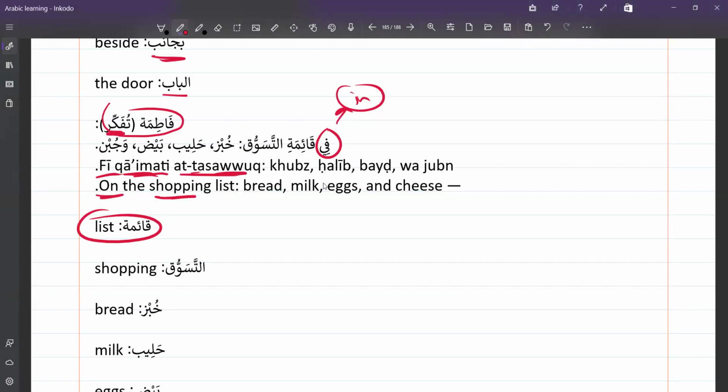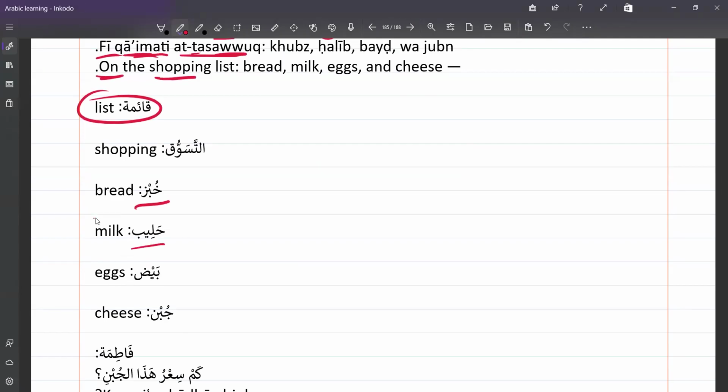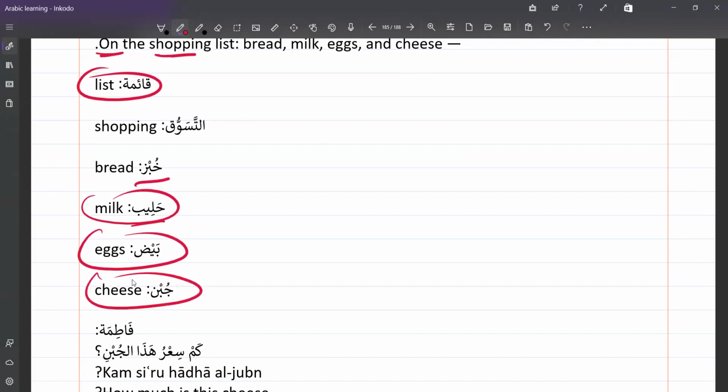Then she lists down the shopping list, starting with khubz. Khubz means bread, halib means milk, bayd means eggs, and jubn means cheese. So learn these words.